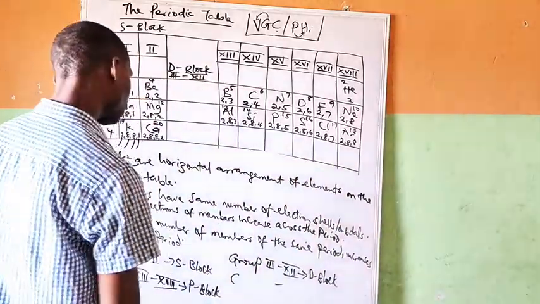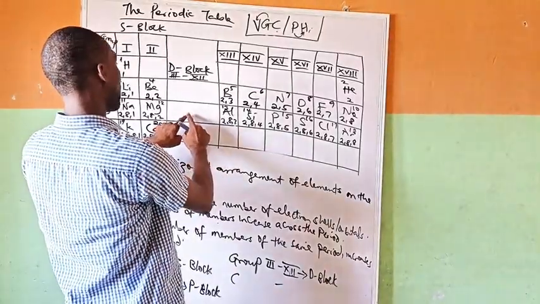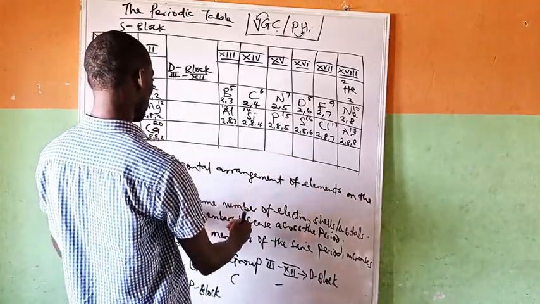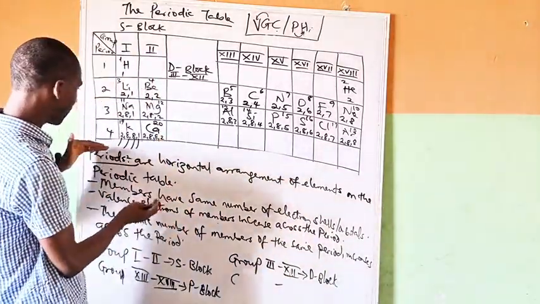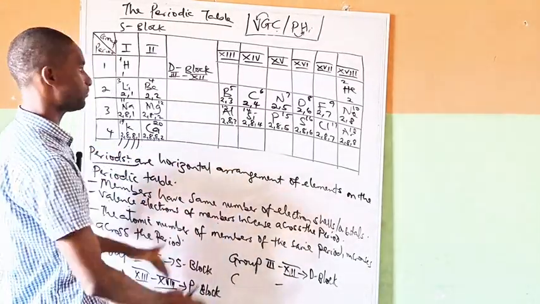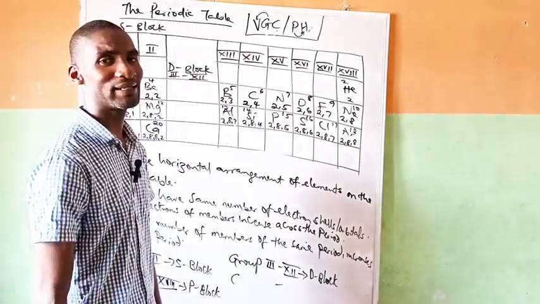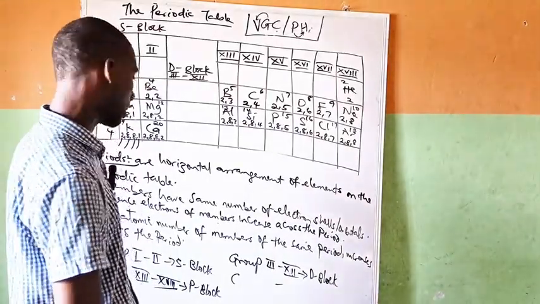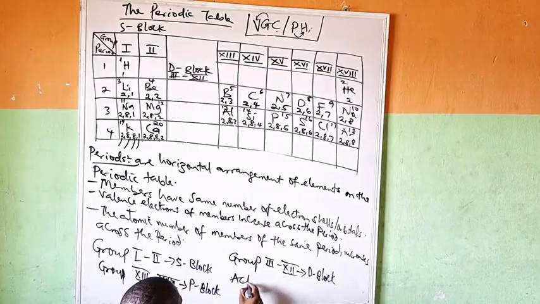And then you now have the last block, which is the F block, which are at the base, somewhere around here at the base, when you go towards the last two periods, period 6 and period 7. If you look at period 6 and period 7, you will see the actinides and the lanthanides. Those are the F block.